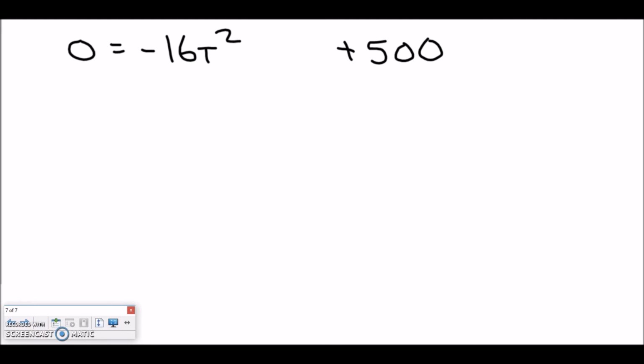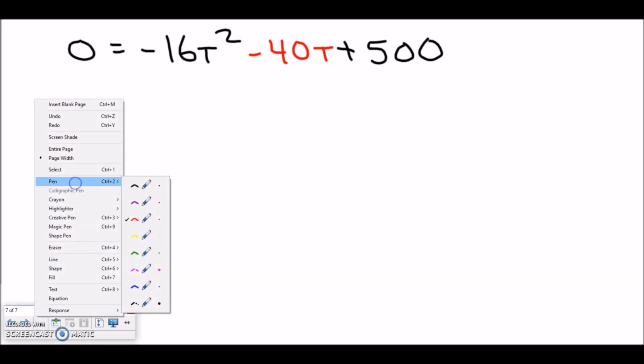Remember that your friend is throwing the rock down towards the ground. So that velocity would actually be negative 40t.